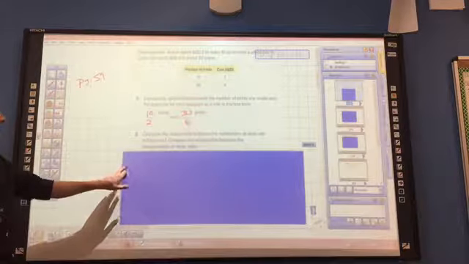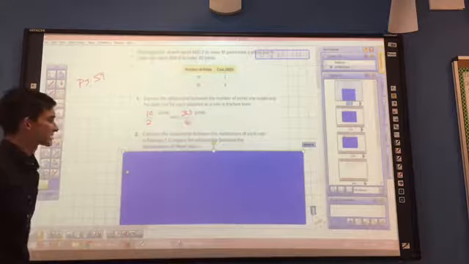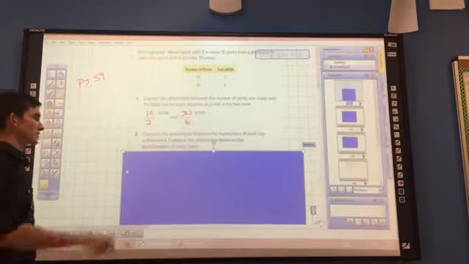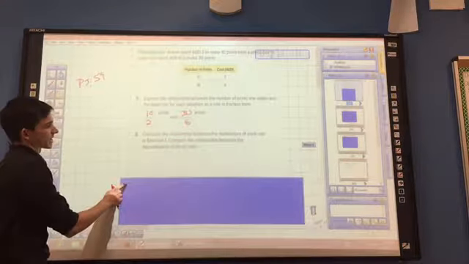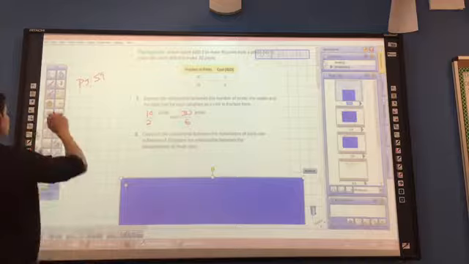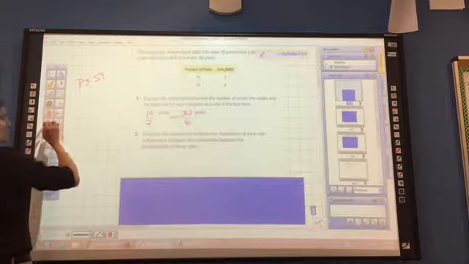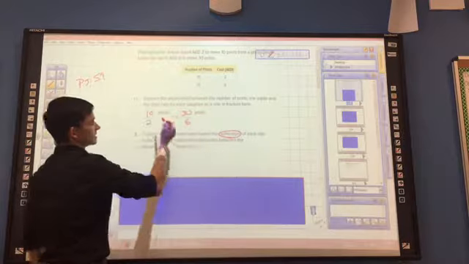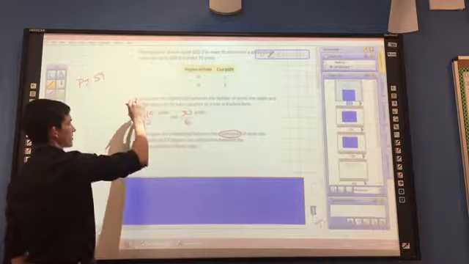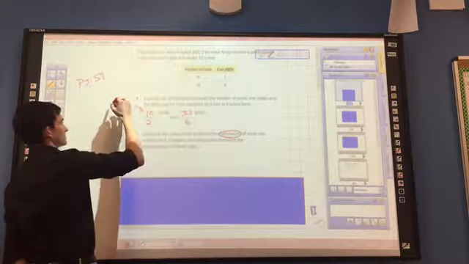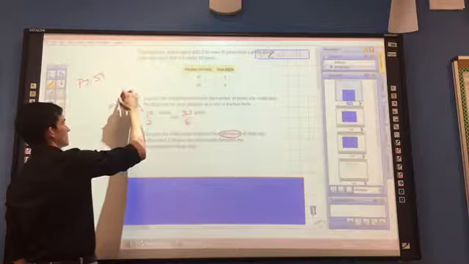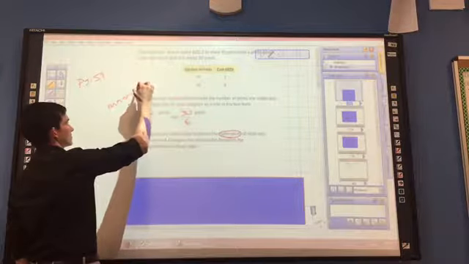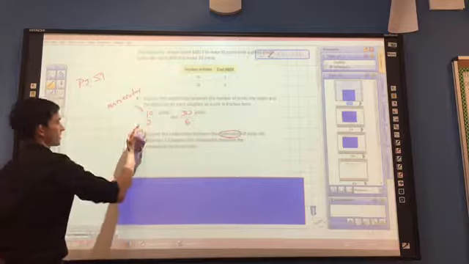Compare the relationship between the numerators of each rate in exercise 1. Compare the relationship between the denominators of these rates. A numerator is the number on the top. That's a numerator.